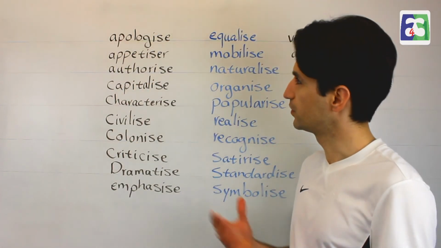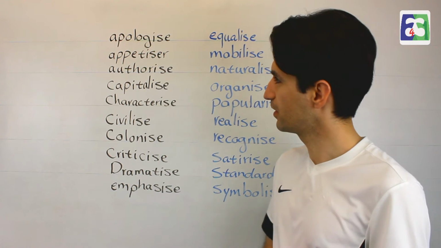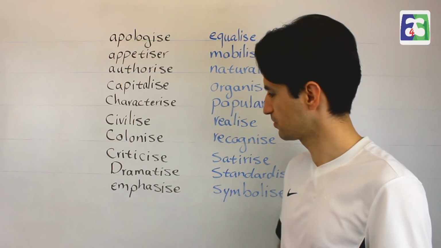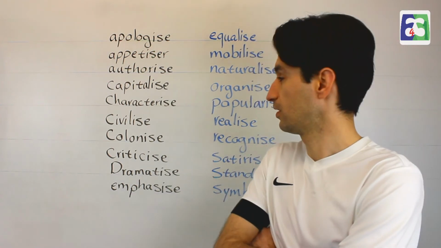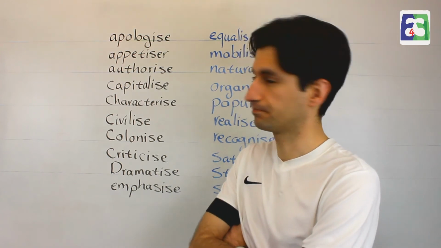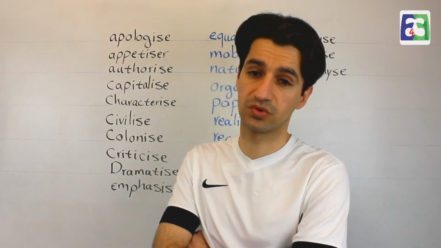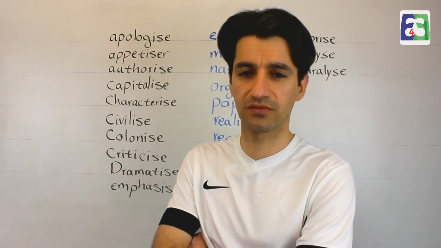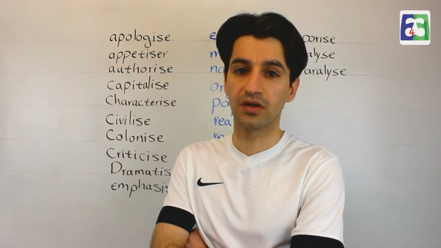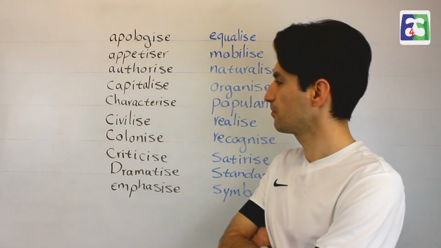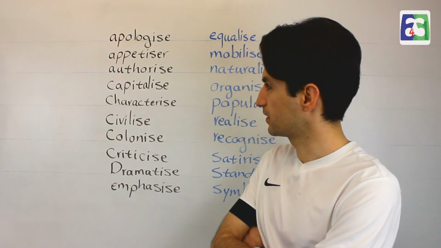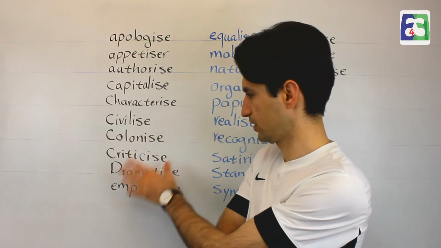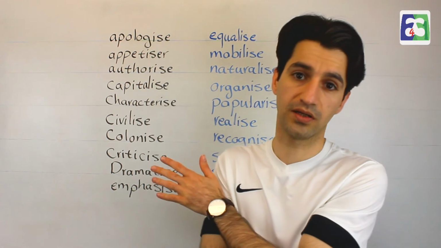You just have to keep them in mind. ISE is the British spelling, if you're taking IELTS. If you want to stick to the American style of writing, then we need to stick to IZE. The thing is, these are mainly here to change the word into a verb.